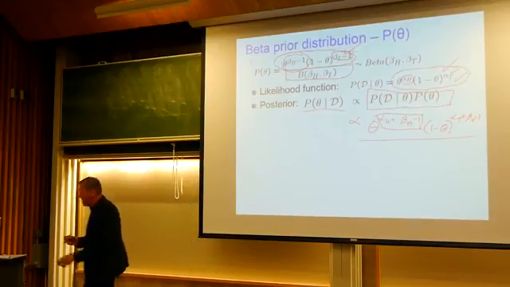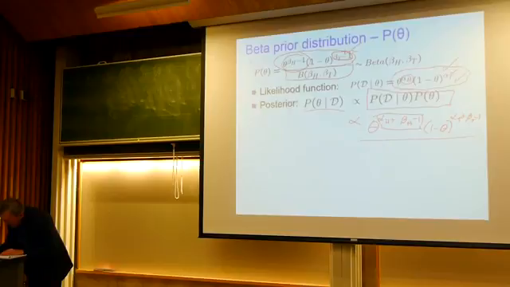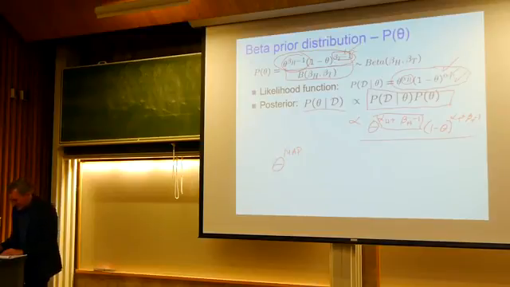examples. And so this, in the end, leads to the maximum a posteriori probability estimate of theta, which is just like before. It's alpha heads plus beta heads.